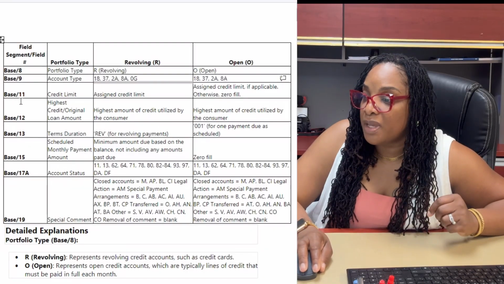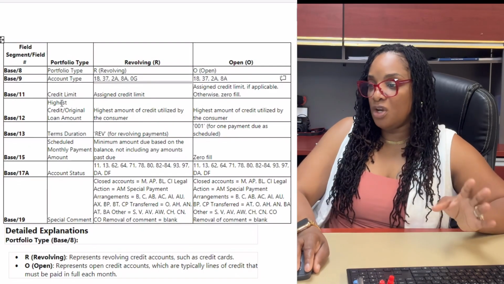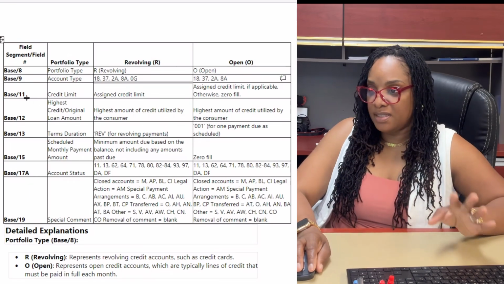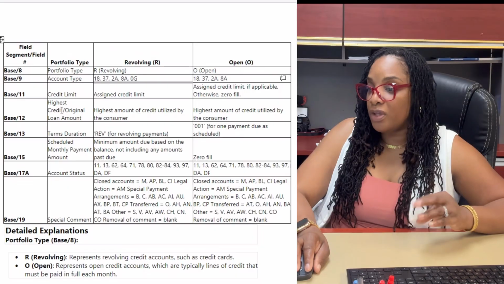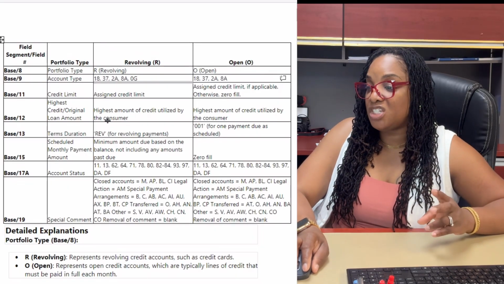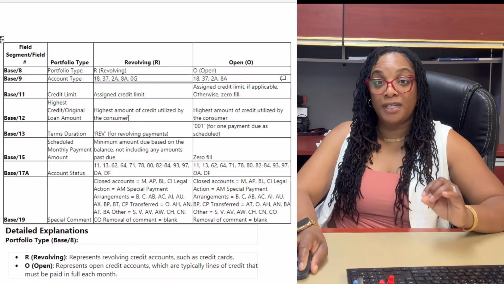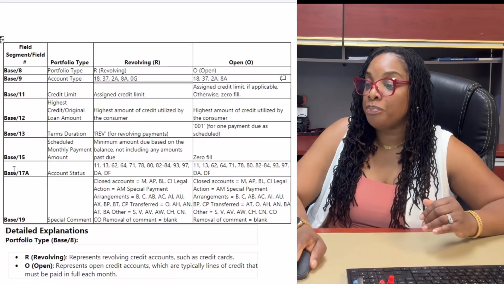So base segment character field 11, credit limit, assigned credit limit. There's no other codes for that. Base field 12, your highest credit, original loan amount, highest amount of credit utilization by the consumer, okay? That is a required field, but there are no other codes for that.